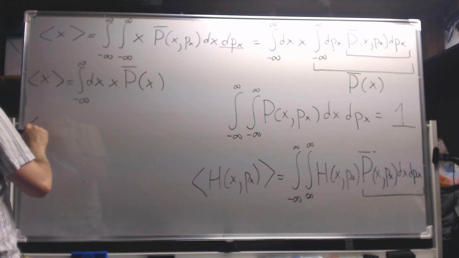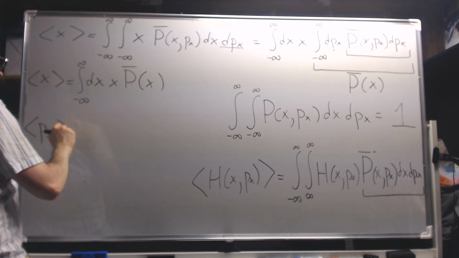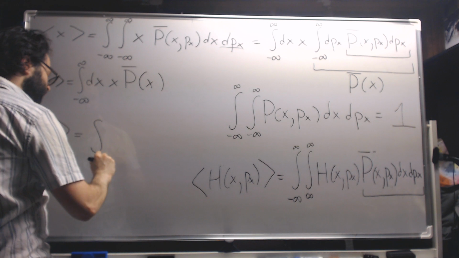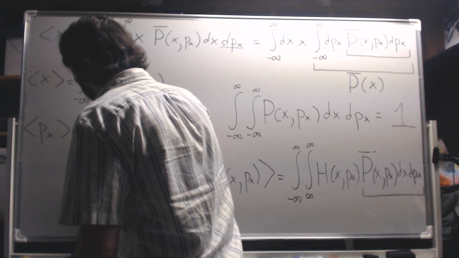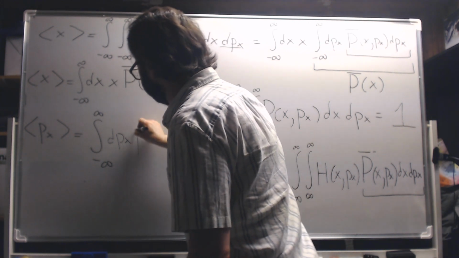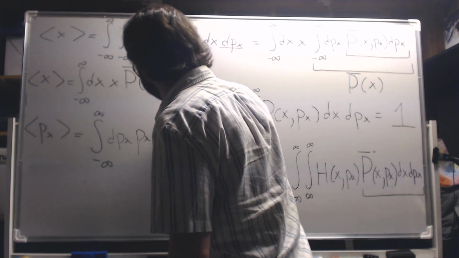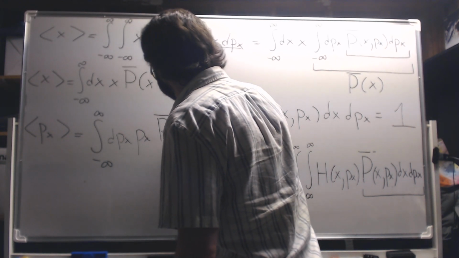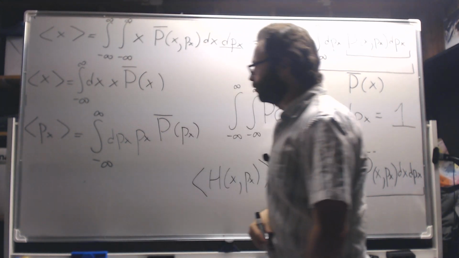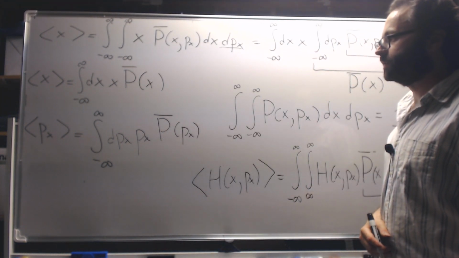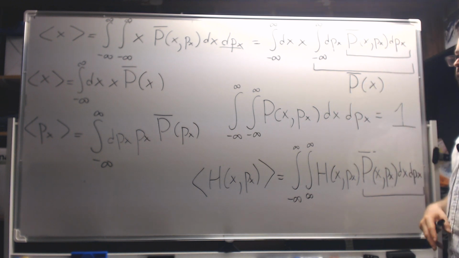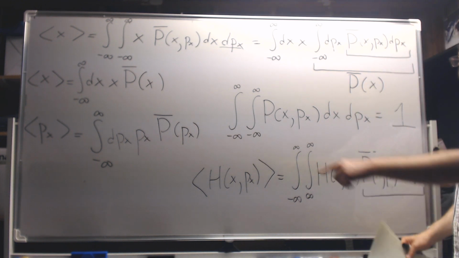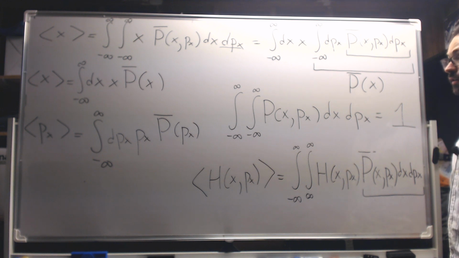And you will find that a similar expression should be found here. The integral over all possible momentum values of dpx times the value of the momentum times the probability density that the particle has some momentum px regardless of what position it has. In that case, the integral would be over all possible positions, and because that probability density is normalized, that's what you end up with in this case, just like in that case.